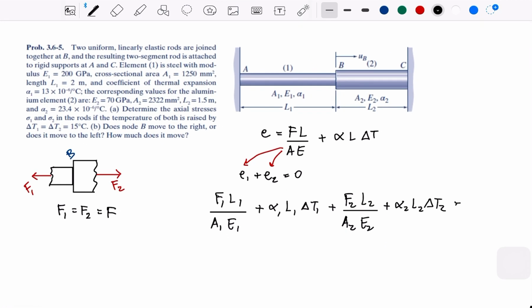And it needs to be equal to 0. Since the question is asking for sigma 1 and sigma 2, let me rewrite this with F1 over A1 and F2 over A2. I think we can write sigma if you would like, but let me just write and calculate the F first.